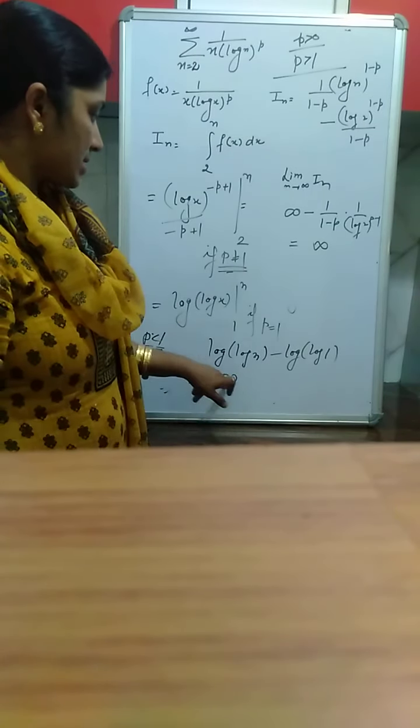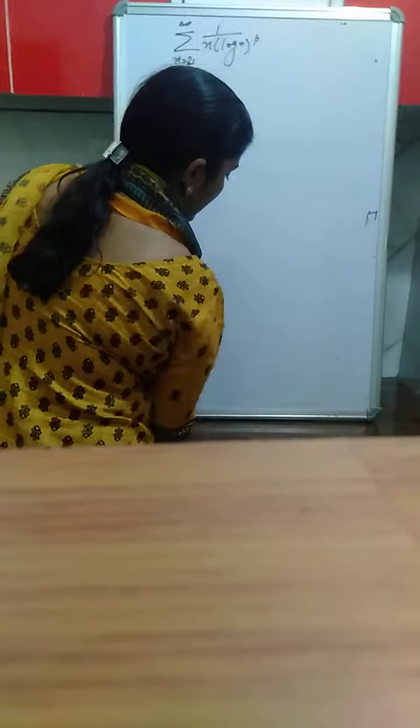So we have the result for this series. This is convergent for p greater than 1 and divergent for p less than or equal to 1.